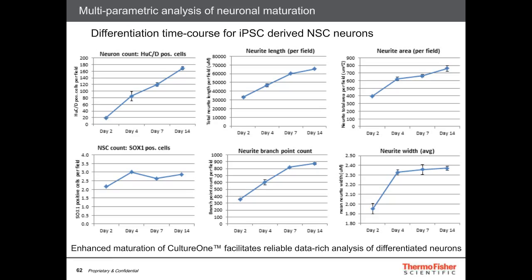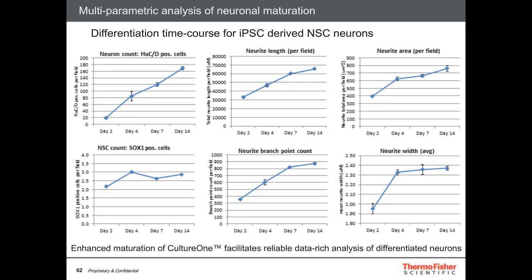And here is the data output from the time course experiment. This is the multi-parametric analysis of neuronal maturation. And for this, there are 6 different parameters that I measured, and all of these are kind of metrics of maturation. So on the top left, you have the neuron count, or the UCD positive cells.